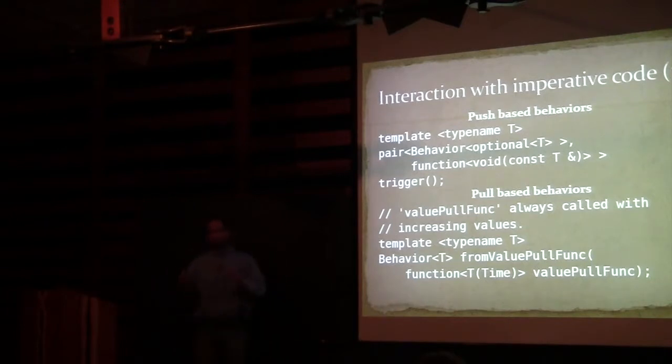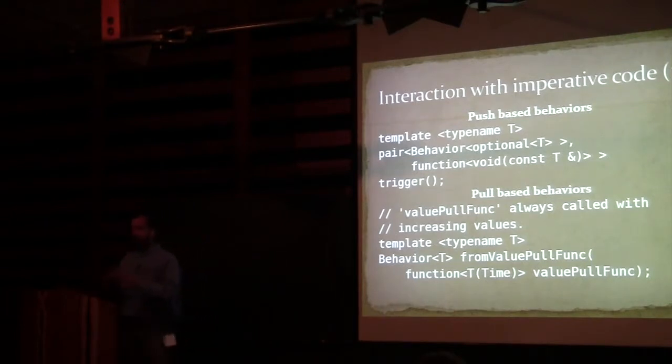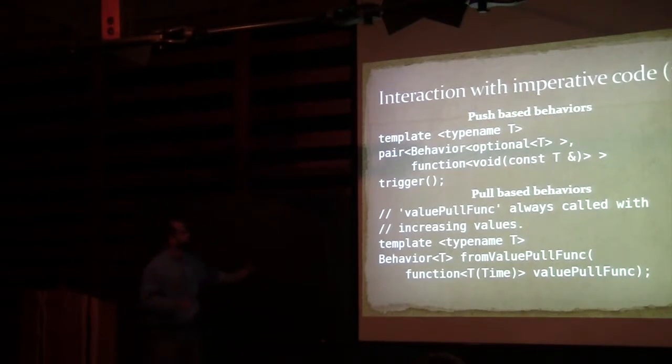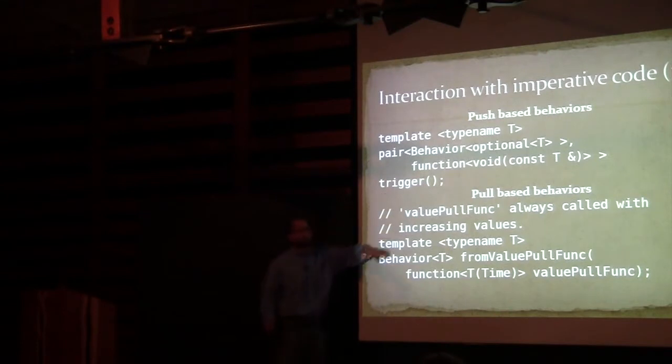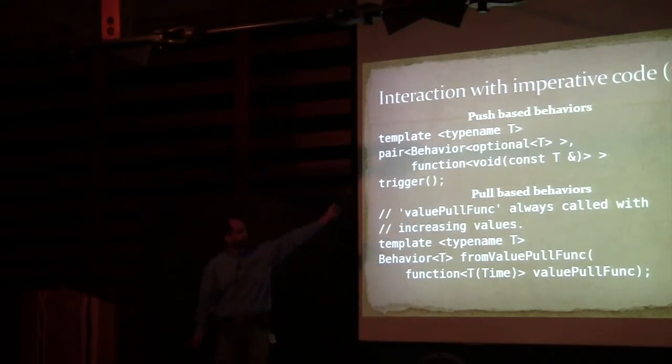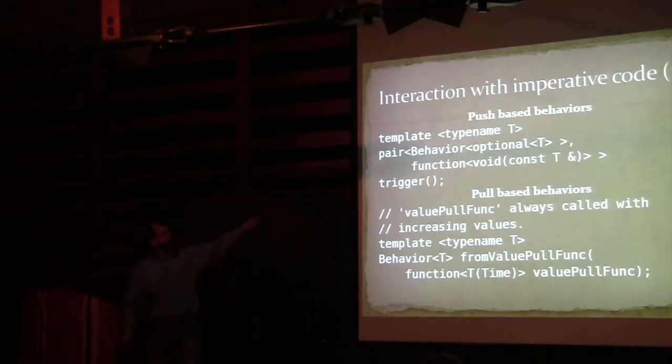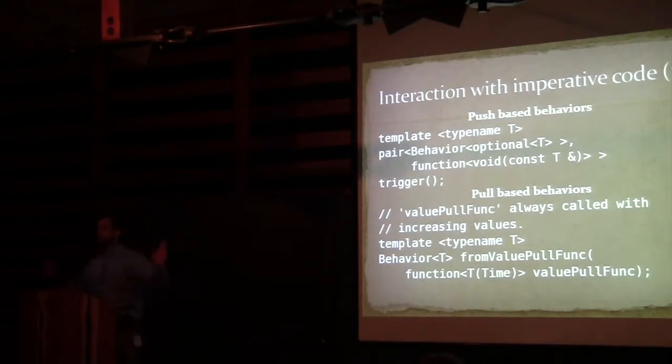This means that you have a function that you call at some point in time, and every time you call it, it'll make a new event at that particular behavior. So we have this thing called trigger. You call trigger, and it returns a behavior of optional t and a function that you can call, which will make the behavior at the current point in time non-optional. It'll be that value. Does that make sense?